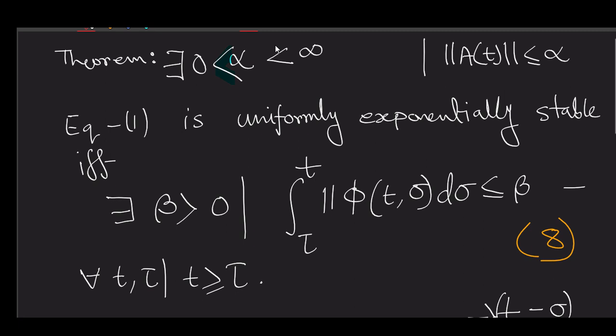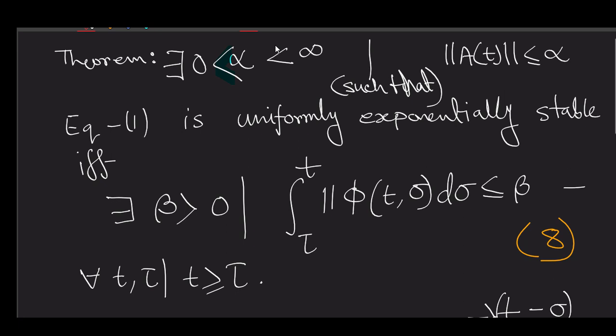If I draw a vertical line, you should read this vertical line as such that: norm of A(t) is less than or equal to alpha.